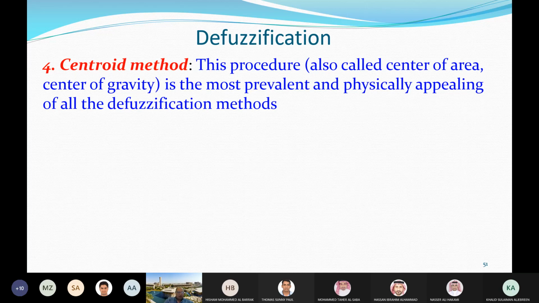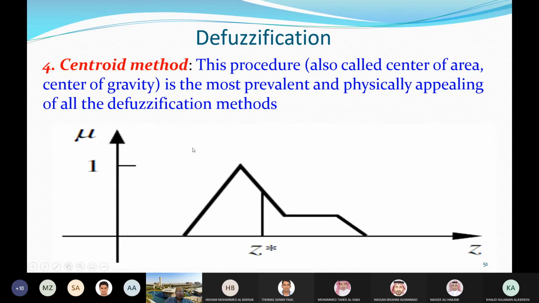But usually, if you use the fuzzy logic MATLAB toolbox, then you can just call such a method, or any method, from there.